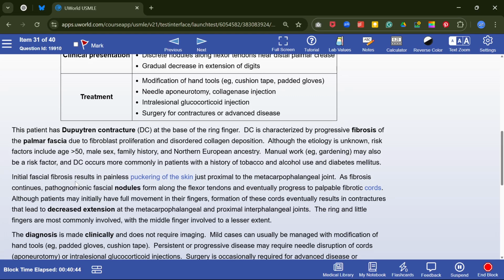Although patients may initially have full movement in their fingers, formation of these cords eventually results in contracture that leads to decreased extension at the metacarpophalangeal and proximal interphalangeal joints. The ring and little fingers are the most commonly involved, with the middle finger involved to a lesser extent.